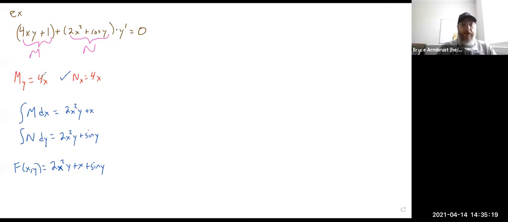Okay, so all of this that we just did should feel really familiar because you did this back when we found potential functions for fields. We did this sort of thing when we did line integrals. You may remember, if we wanted to calculate the work going from point A to point B over a field, if it was conservative, we could find this function and then plug in the endpoints and subtract, using the fundamental theorem of line integrals.